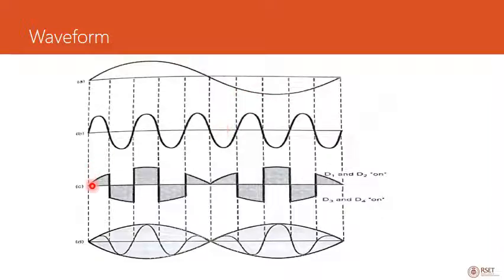If you observe, it is clear that the repetition rate is controlled by the carrier signal, and the shape is determined by the shape of the modulating signal. Consequently, the output waveform takes the shape of the modulating signal, except with alternating positive and negative polarities that correspond to the polarity of the carrier signal.